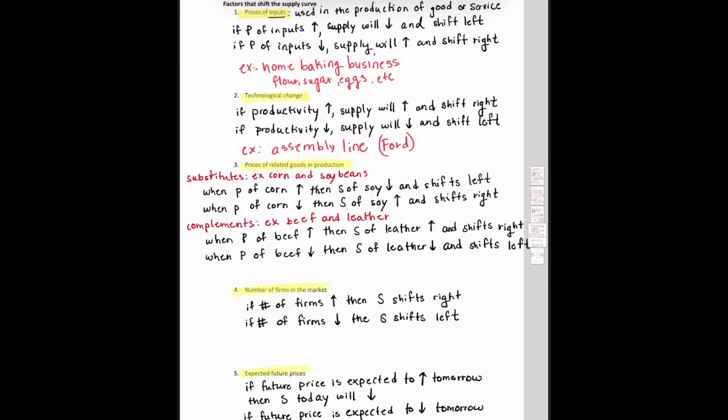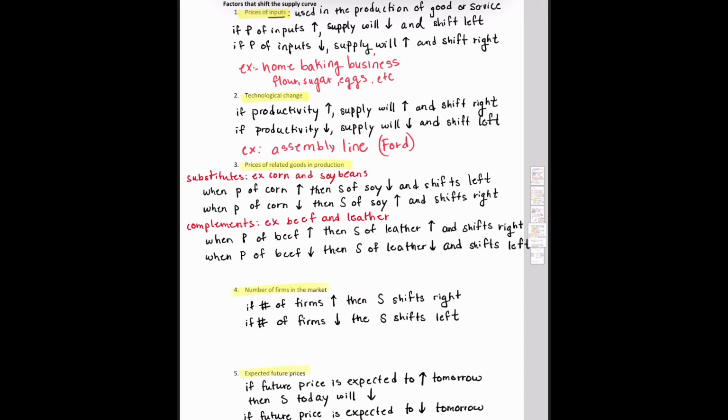In this case, we're using corn and soybeans, but when the price of corn increases, then a farmer may choose to produce corn instead of soybeans. So the supply of soybeans is going to fall, and the soybean supply curve is going to shift to the left. However, if prices of corn decrease, which in my case they had, then you may switch towards a crop that has a higher price.